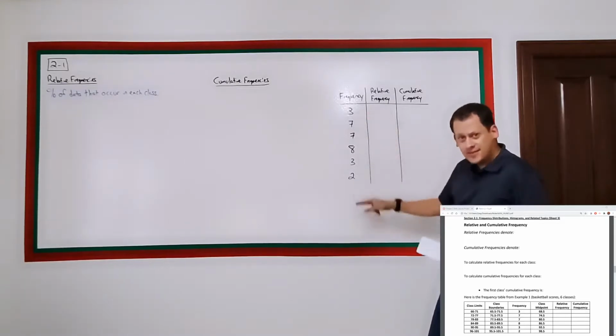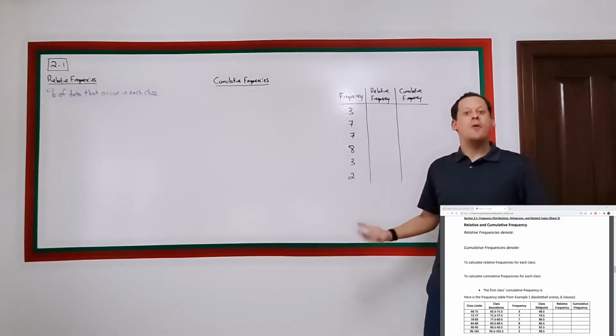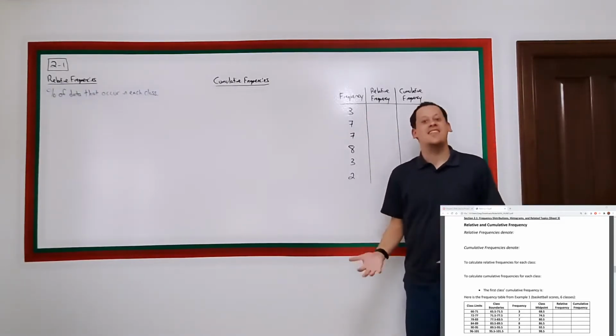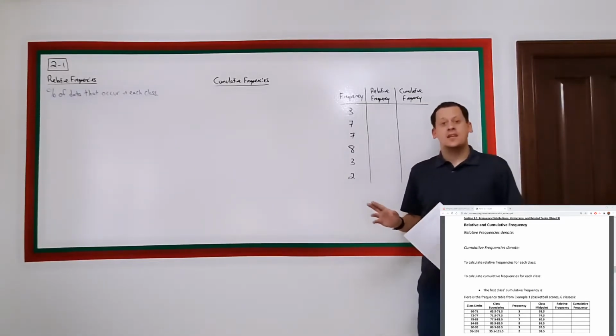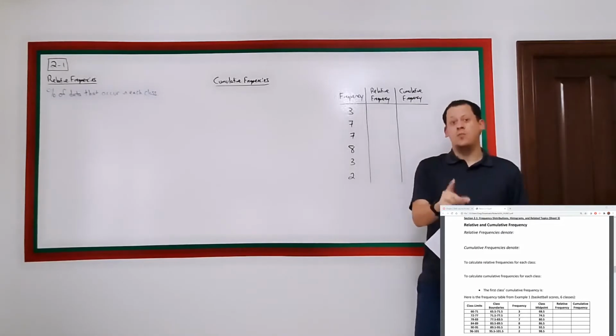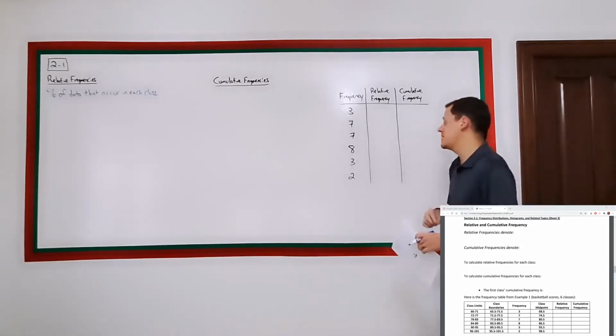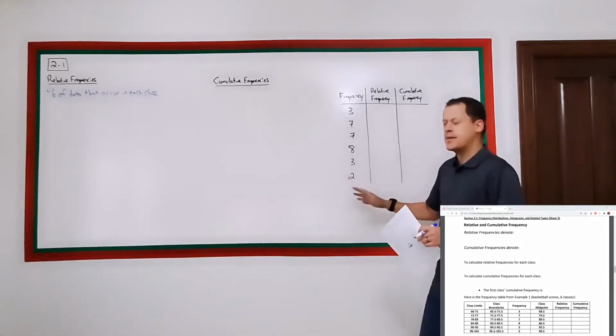Notably, what's the total frequency? How many values are there in the data set? And this table in particular is coming from the first example that we used in the notes for this section. So it's the basketball scores.